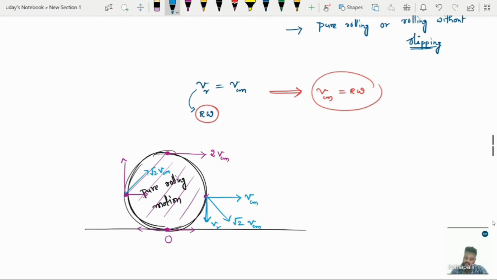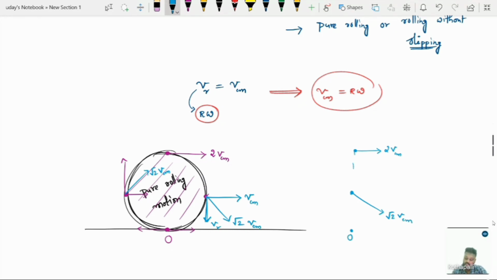So observe the points clearly. If I take the topmost point and the bottommost point and classify the values of net velocity or speed, at the top it is 2 times of VCM. At exactly the center point it is root 2 times of VCM. And at the bottom it is 0.